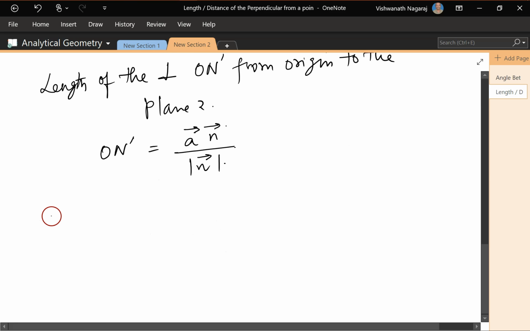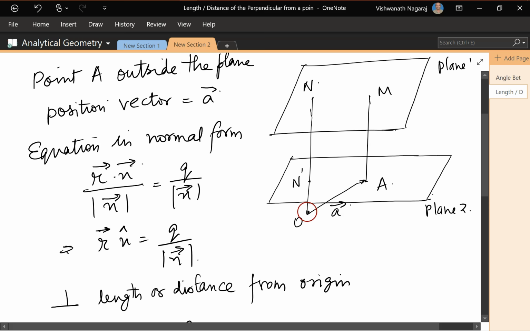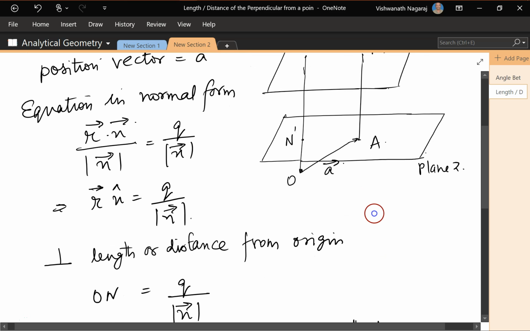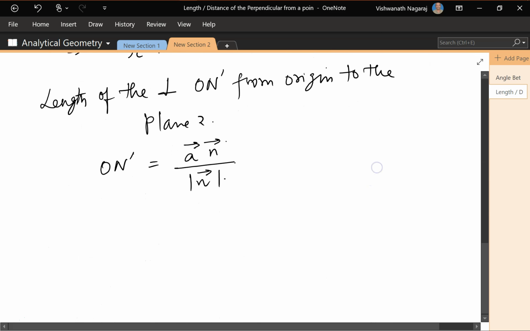So now we know the perpendicular distance from the origin to plane 1. We know the distance between the origin and plane 2. That means if we subtract, we get the distance between these two planes. Now, if we get the distance between these two planes, we know the distance between the point A and the first plane.